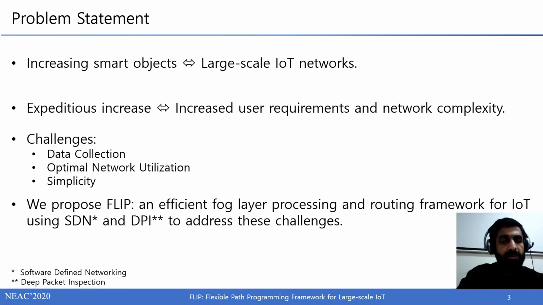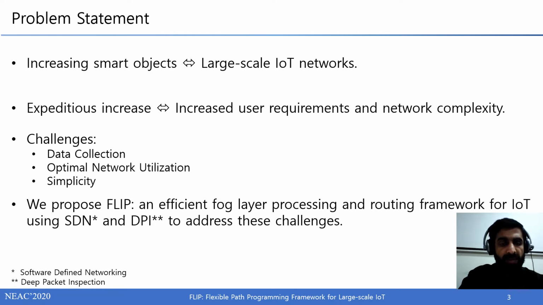With the tremendous numbers of IoT devices and users connected, there come some challenges like data collection with simplicity and optimal network utilization, and the bottleneck issue that we have when we are moving towards the cloud or the server.